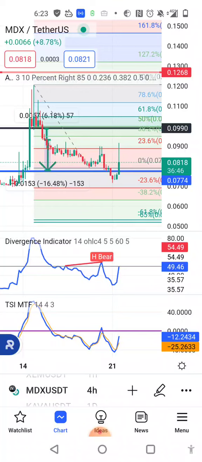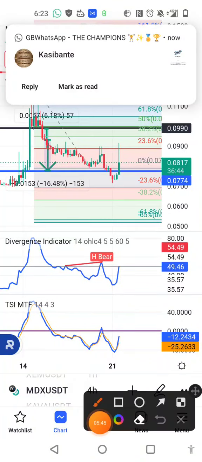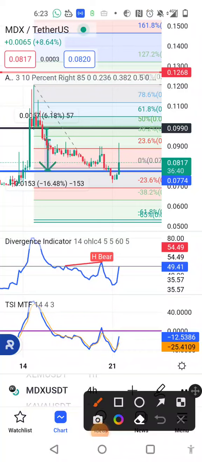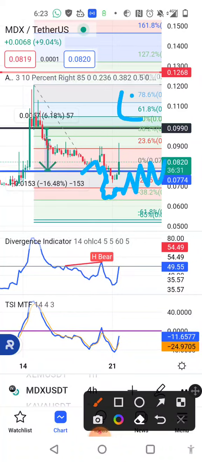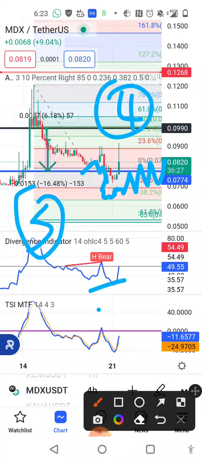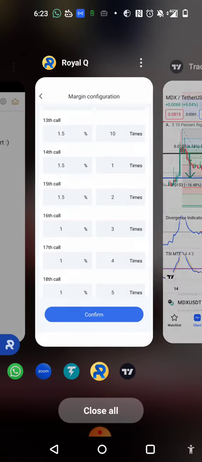So that's why, while this market is flopping up and down, it keeps on buying, and when it rises, it keeps on buying and selling. Now, the first 4 margin calls will give me the 5%, but these margin calls down here will keep on giving me 1%.